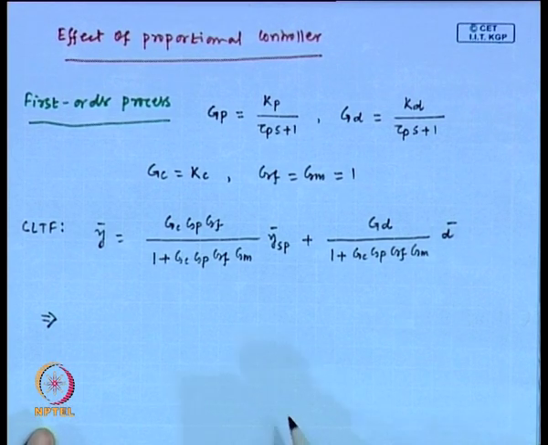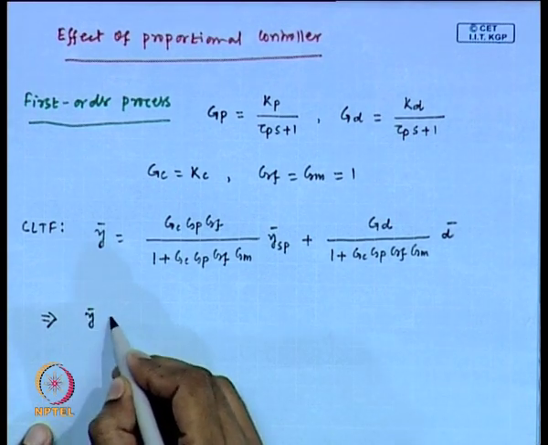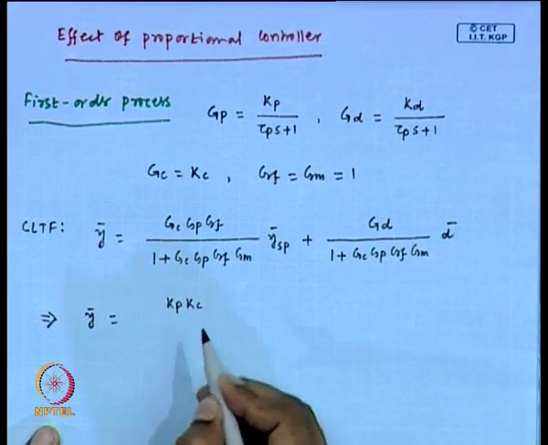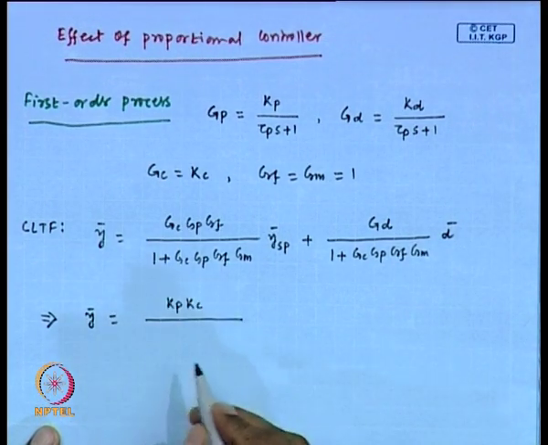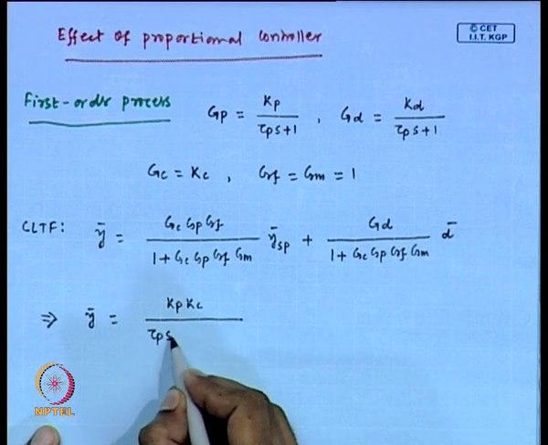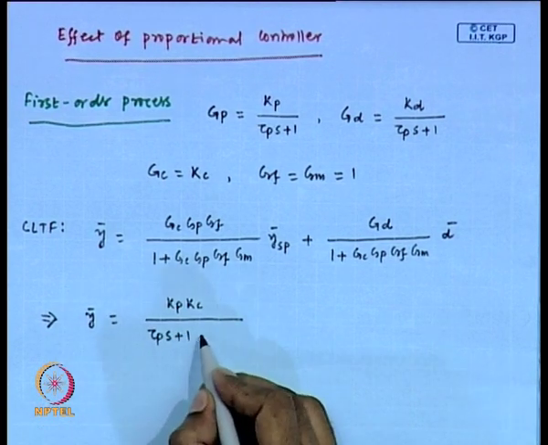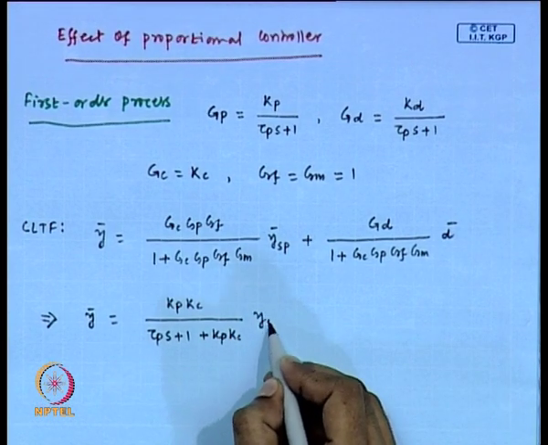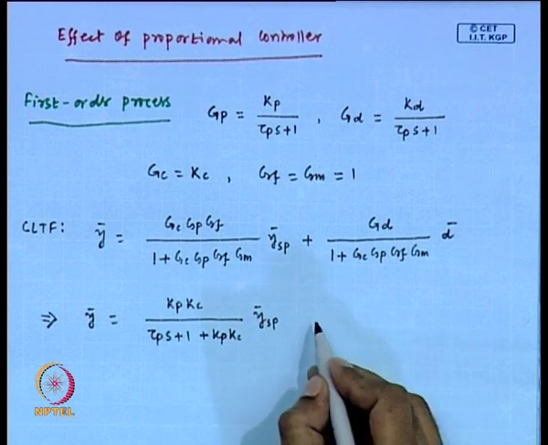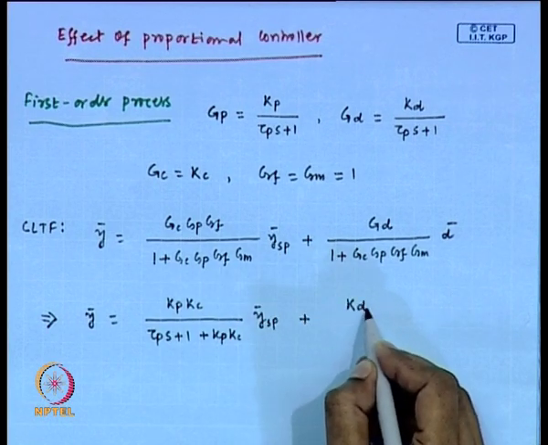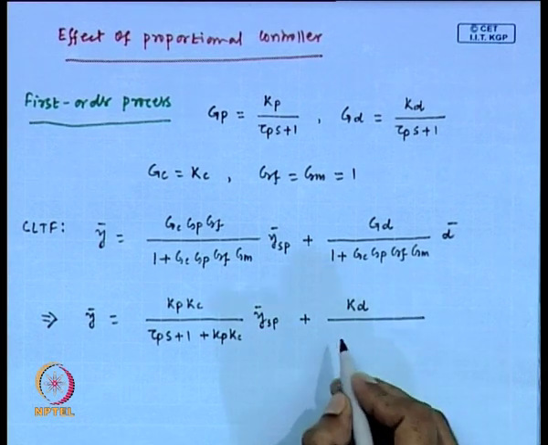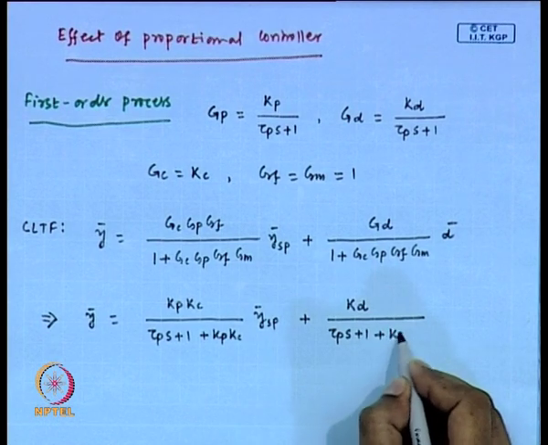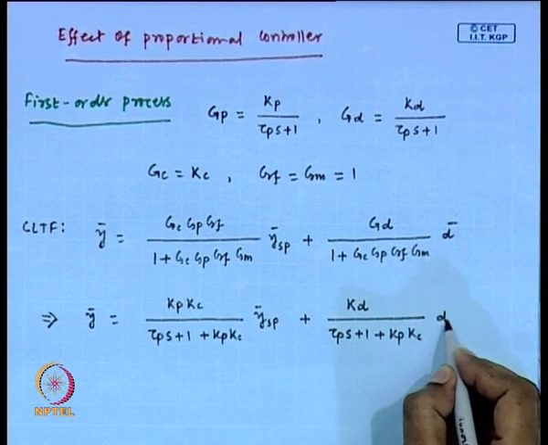If we do that, then we will get y bar equals K p K c divided by tau p s plus 1 plus K p K c y set point bar plus K d divided by tau p s plus 1 plus K p K c d bar.